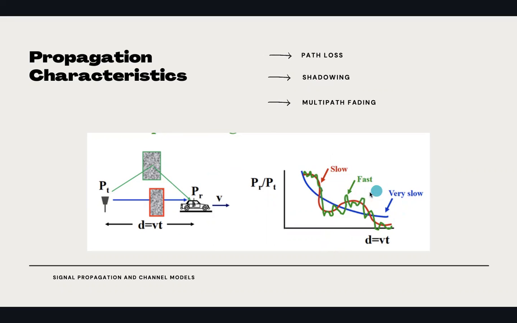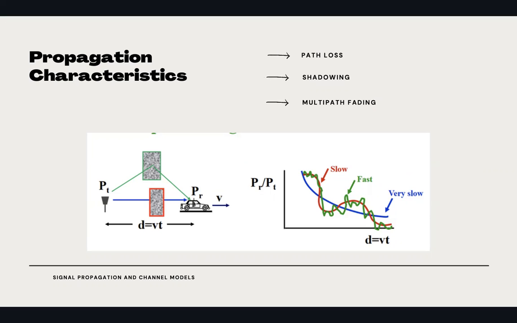The blue line here shows that if the distance increases, the power received decreases exponentially, while the red line shows a changing intensity of the power received. And of course, the change in received power has some kind of ripple effects.